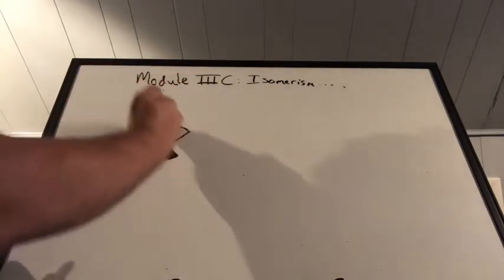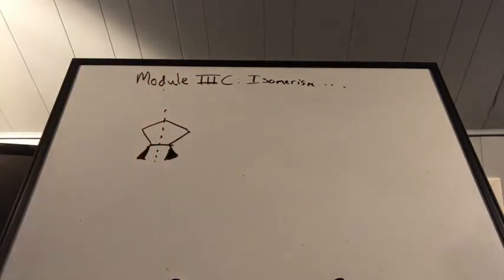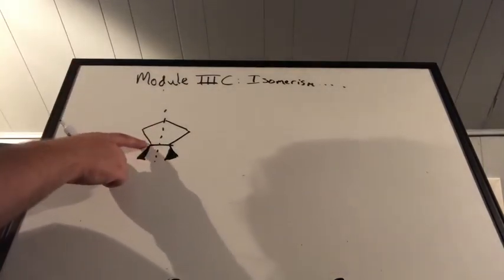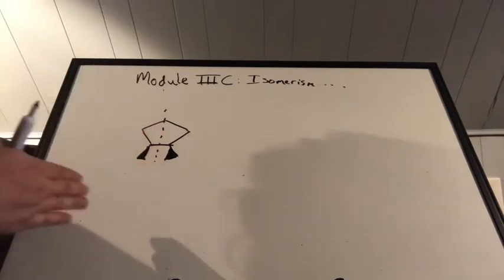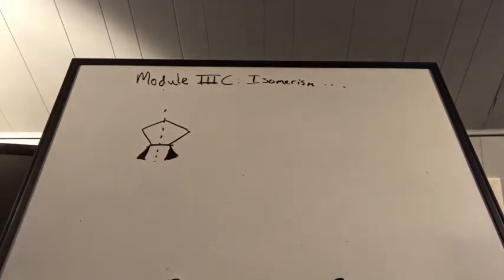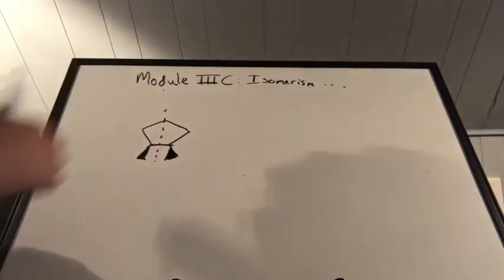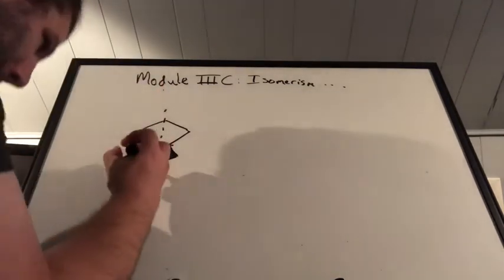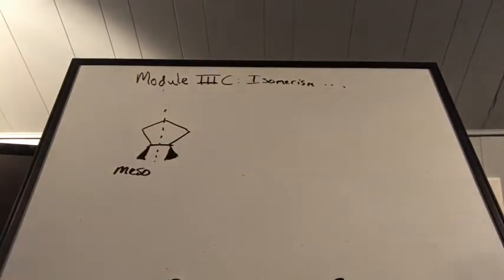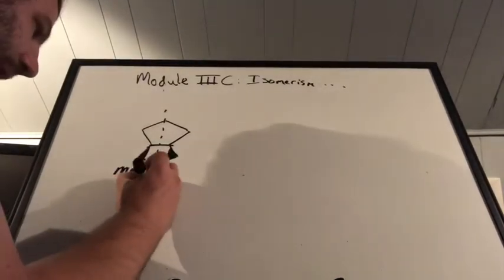Same goes for this side, right? So in other words, these are chiral centers in an achiral compound overall, right? So if there is a plane of symmetry within the compound, then these are said to be meso. Okay, so this is a meso compound.